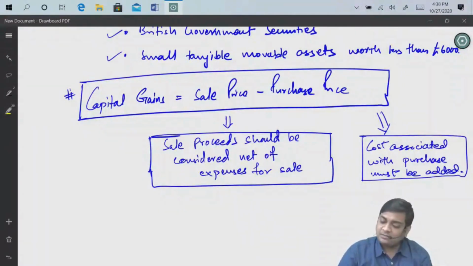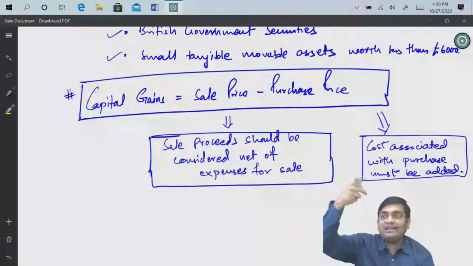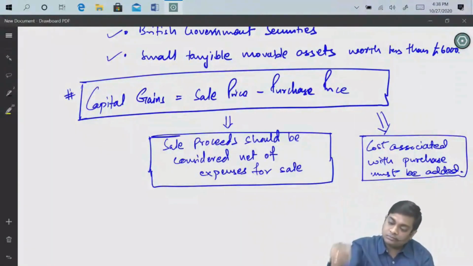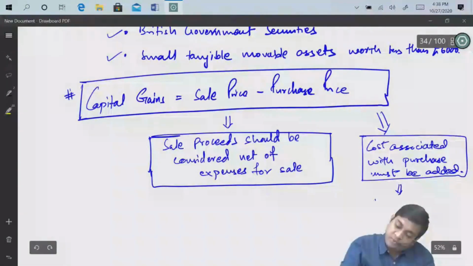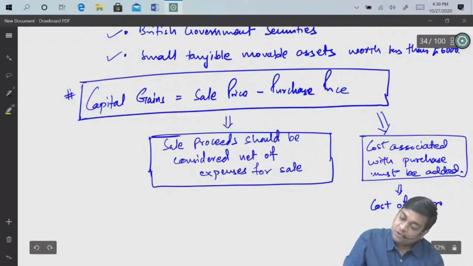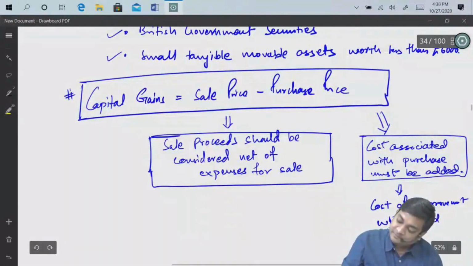Any expenditure to enhance, say for example, two floors, and I added one more floor. So cost of improvement will be added. Cost of improvement will be added.